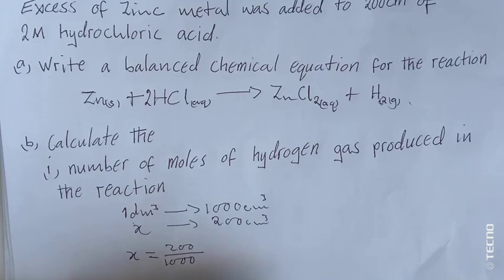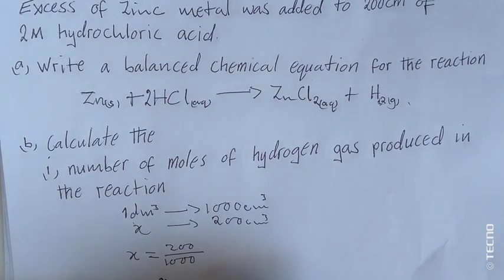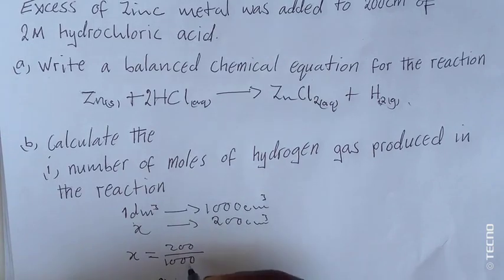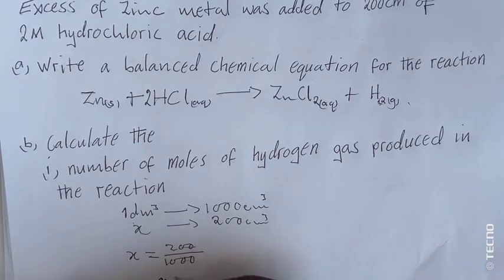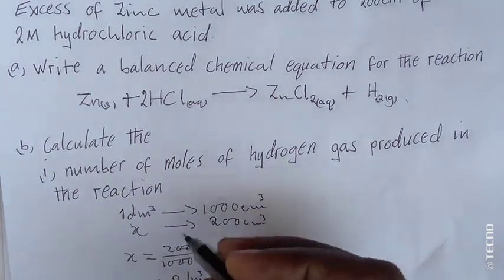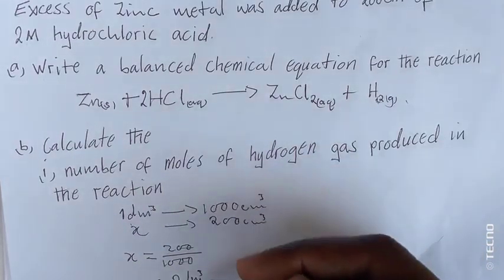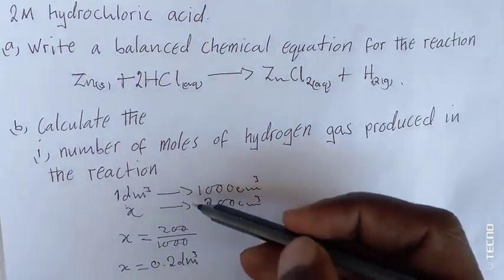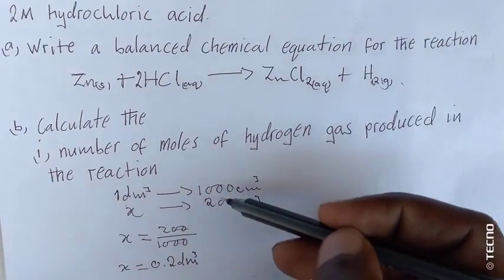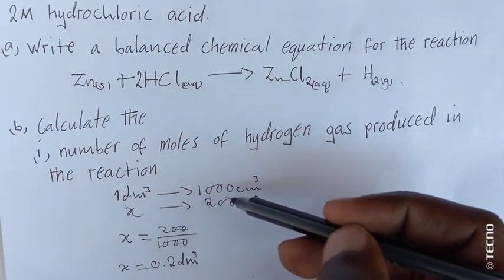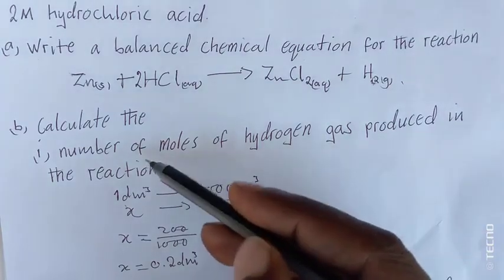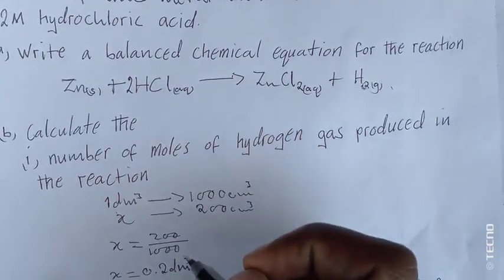So our answer is going to be 0.2 dm³. What we've done is we've just converted this volume into decimeter cube so that we can find the moles of hydrochloric acid.